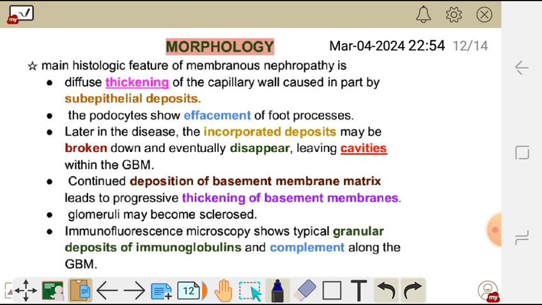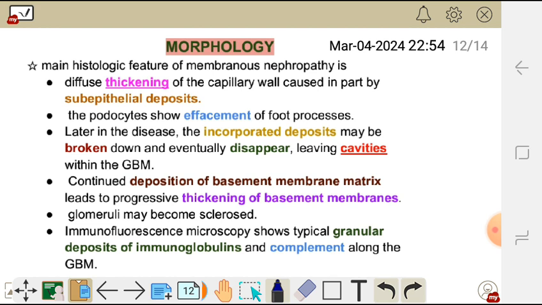Subepithelial deposit will cause thickening of the capillary wall. And then apart from that, we are going to have effacement of foot processes of the podocytes. The podocytes' foot processes will be destroyed, and later in the disease we are going to have incorporated deposits.